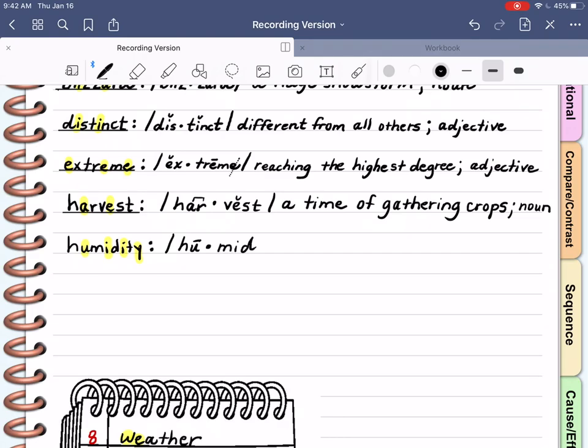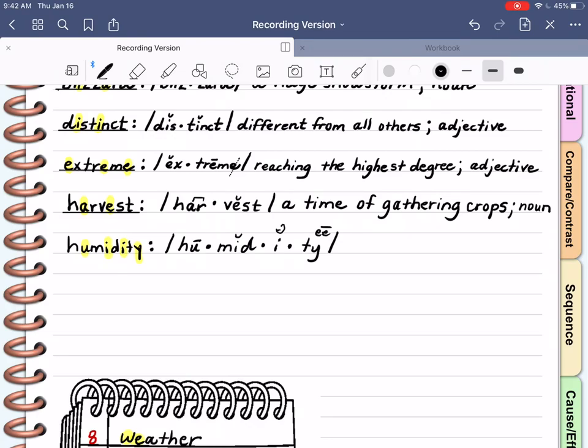Mid, I. Remember, schwa says uh, and T, the Y in this case sounds like E. Humidity. This one has 4 syllables.